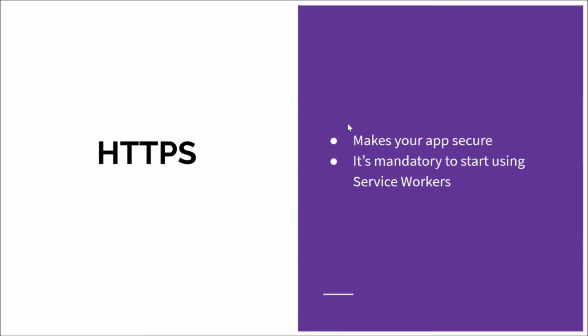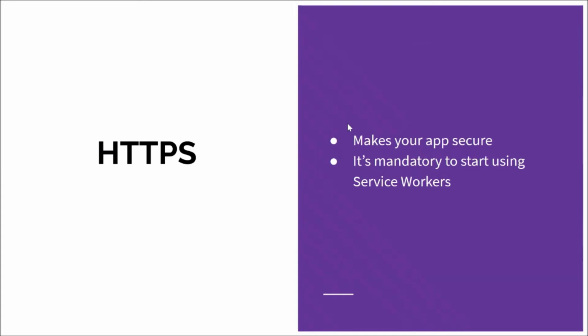And currently, it's pretty simple to have our websites under HTTPS. The main thing that I want you to remember is that we need to have our website under HTTPS before going with service workers.